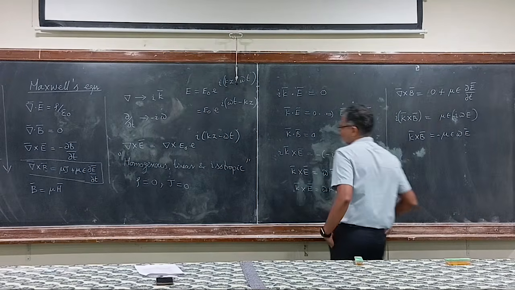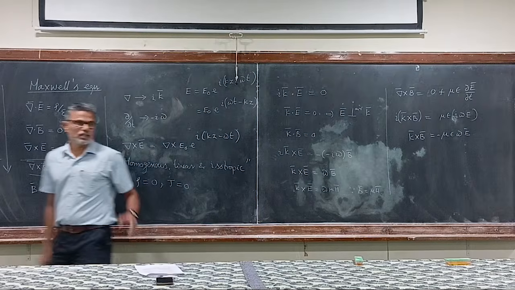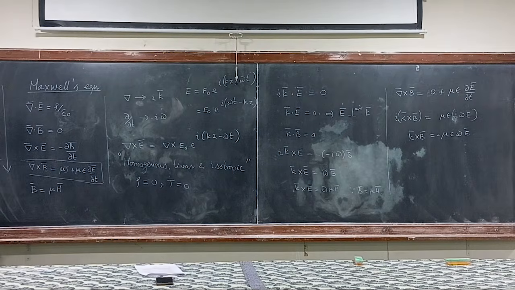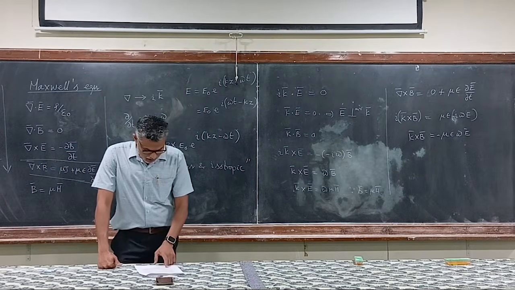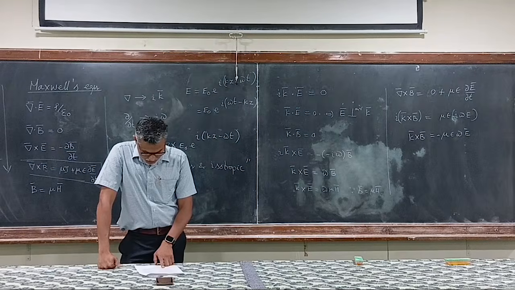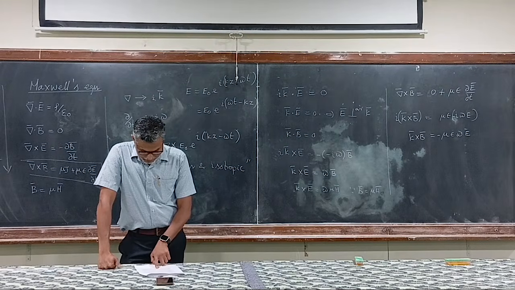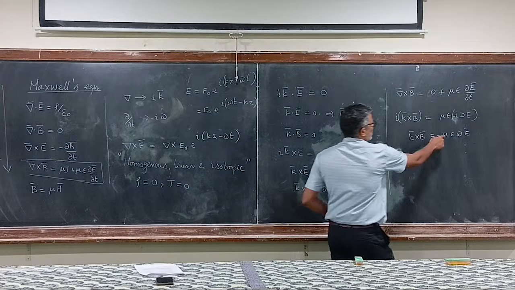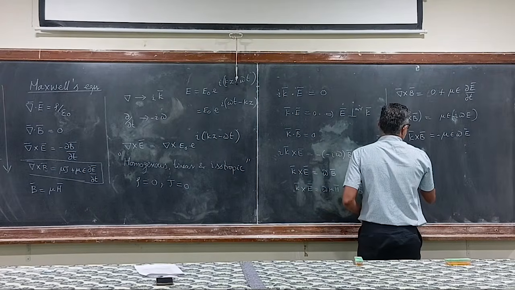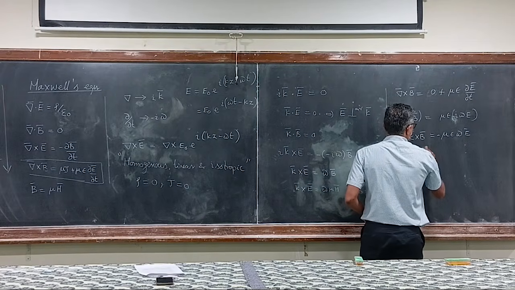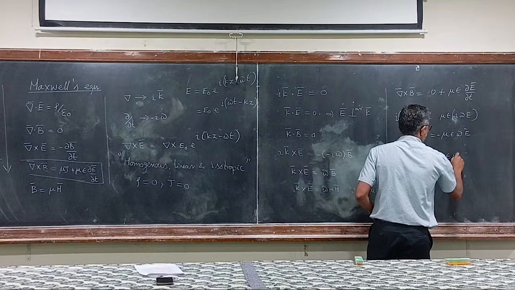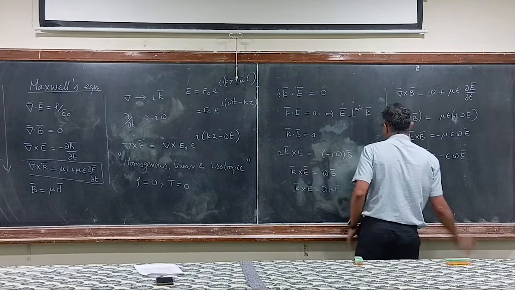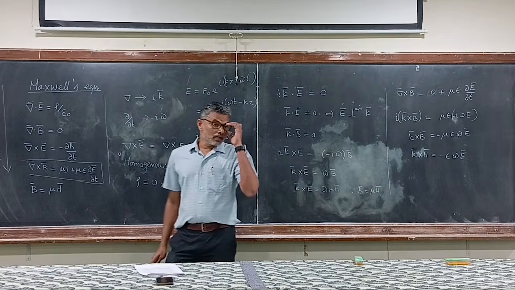Whichever option matches this will be the answer. You will have four answers: k dot E, k dot H, k cross E, then k cross H. It is given in terms of H, so you can bring this mu here. So your k cross H will become minus epsilon omega times E. See, this is another problem.